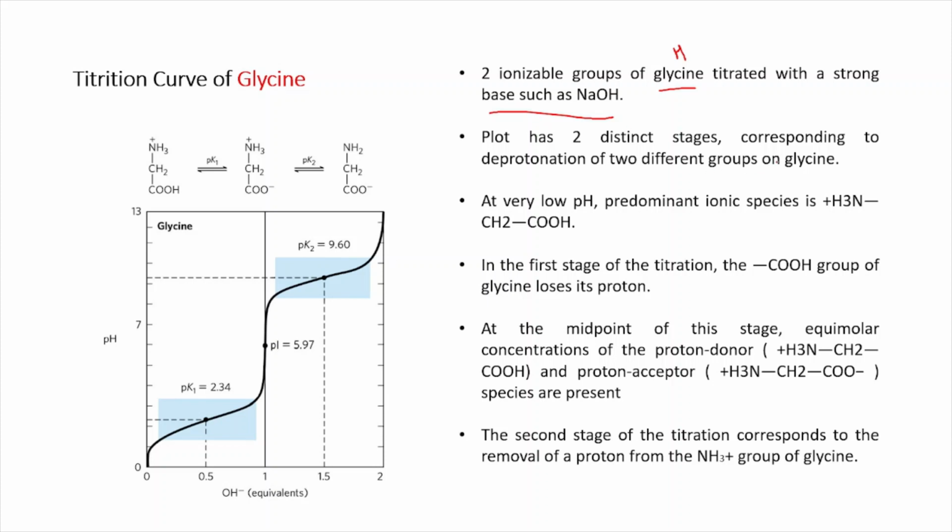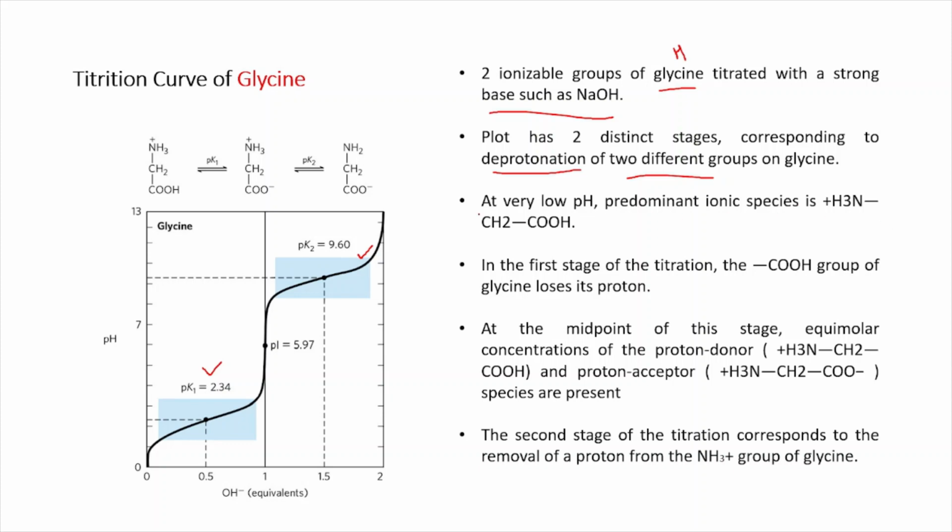This plot has two distinct stages, and these correspond to the deprotonation of two different groups. The first stage, as I have already discussed, corresponds to the deprotonation of the carboxylic group, and the second stage corresponds to the deprotonation of the amino group.